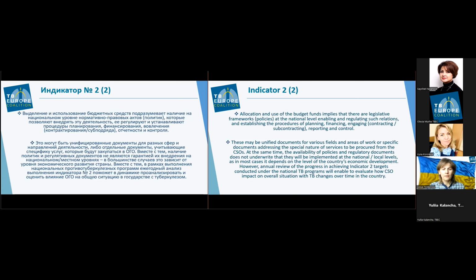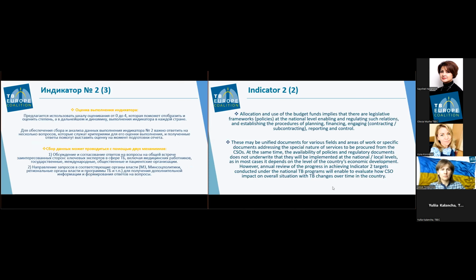Why we comment it like this? In many cases, it depends on the level of economic development of the country. At the same time, you will see that using the number 2 indicator, we will be able to analyze and estimate impact of CSO on the national situation with TB. And please, next slide.